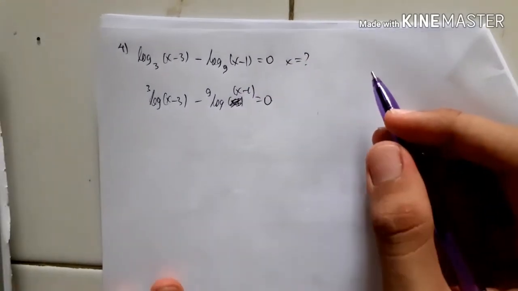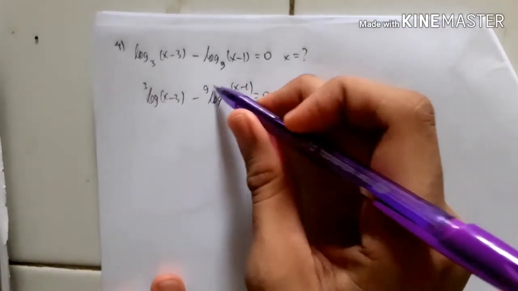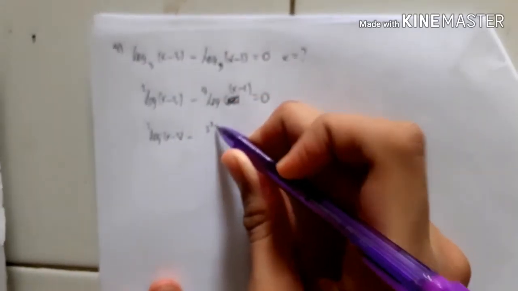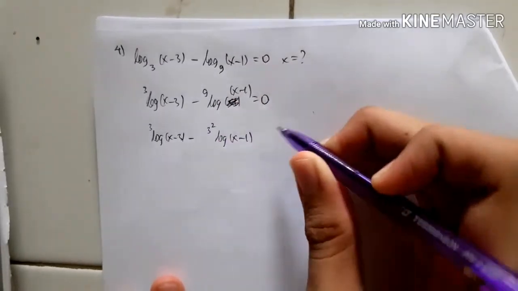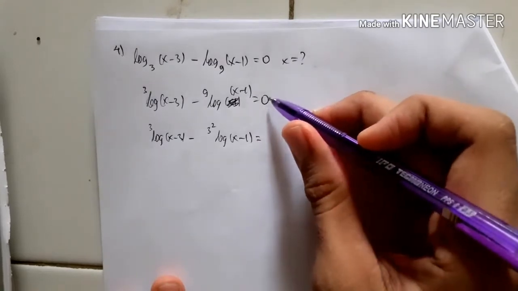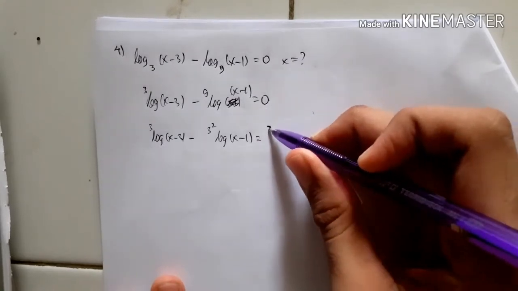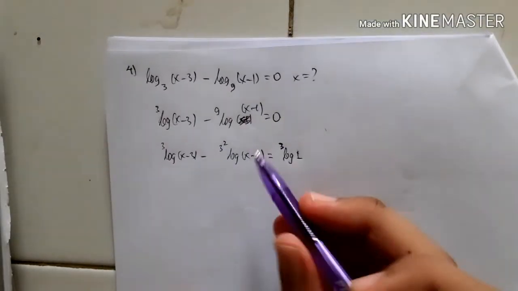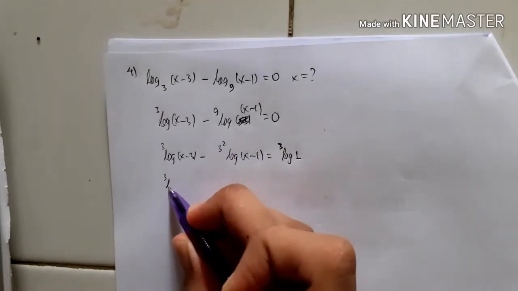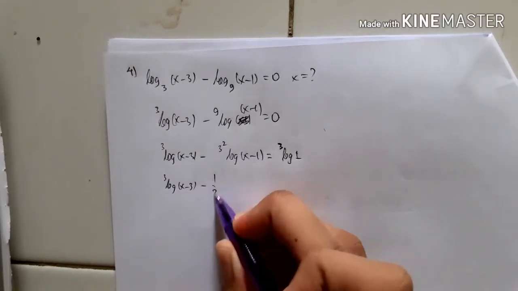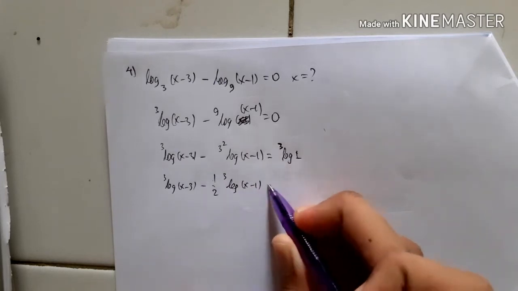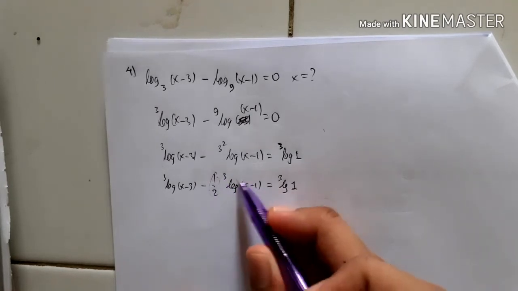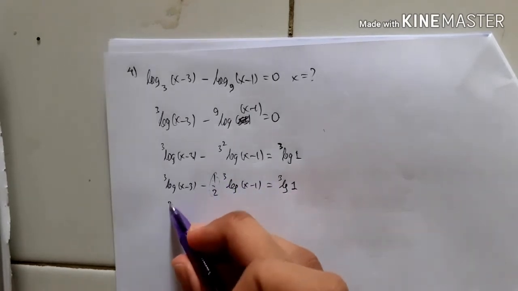Now we should find x. We can turn 9 into 3 to the power of 2. And we can turn this 0 into a logarithm with base 3 of 1. So we can move this to become a half, and then move it to become a root, to the power of half.